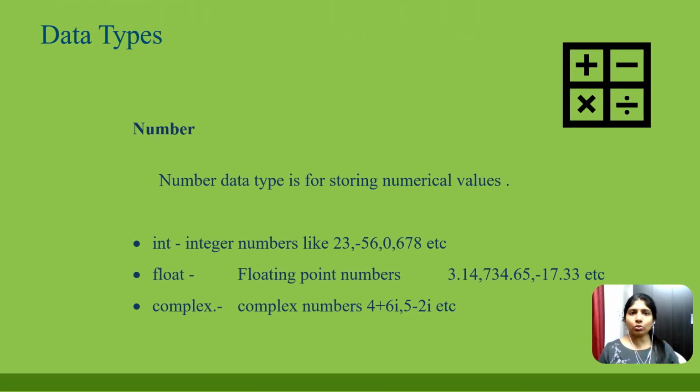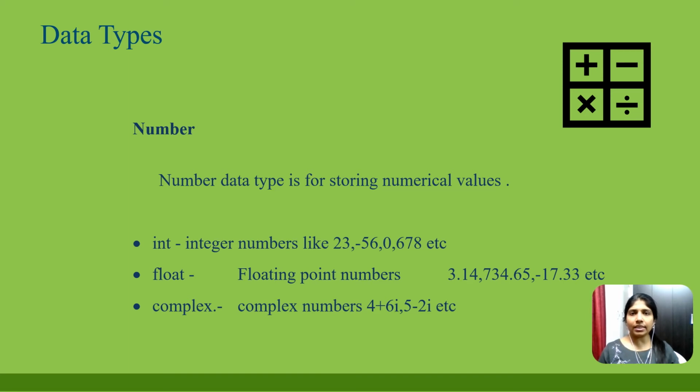Let us look into the data types in detail. The first data type we are going to learn is the number data type. Number data type is used for storing numerical values. The numerical values are again classified into three different data types in Python. First one is integer.